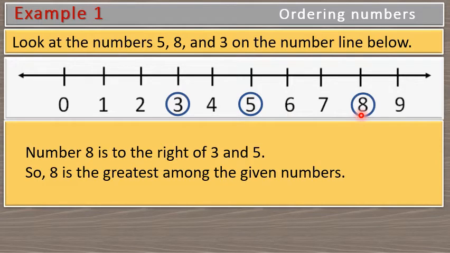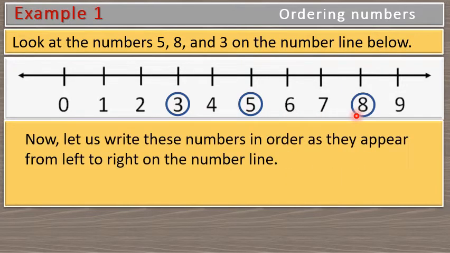So now since we have only 3 numbers, we can arrange these numbers in increasing order. So now let us write these numbers in order as they appear from left to right on the number line.